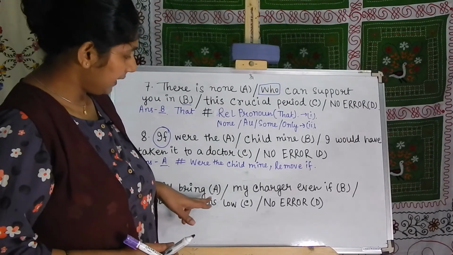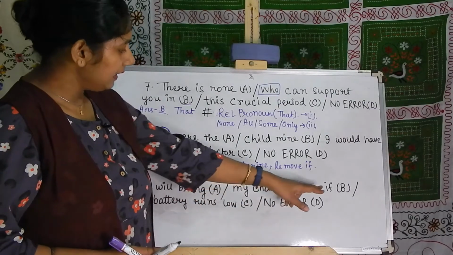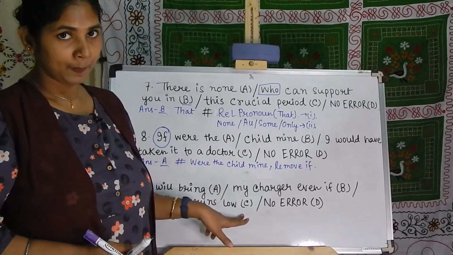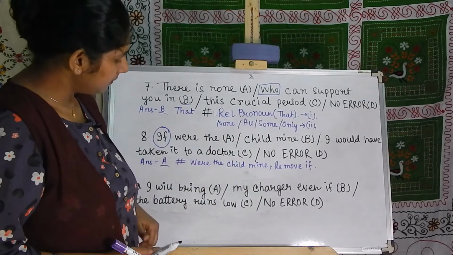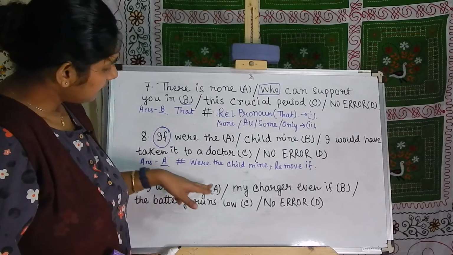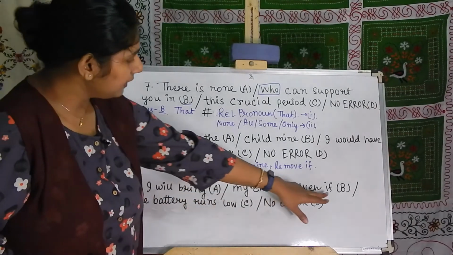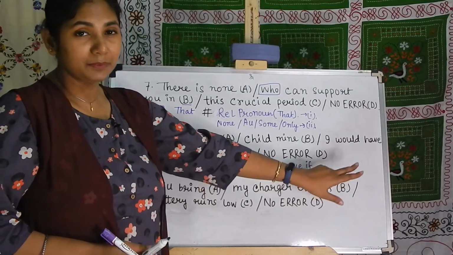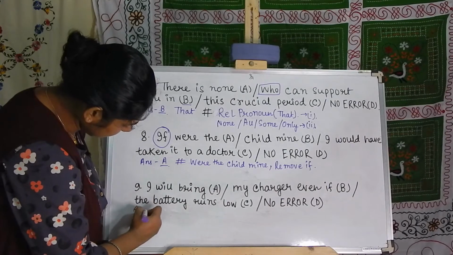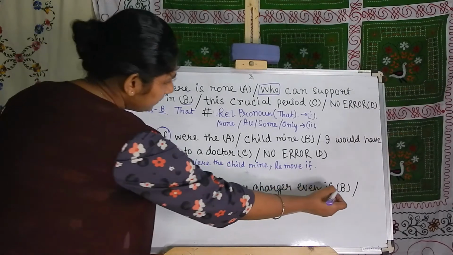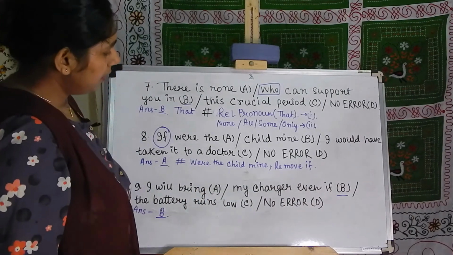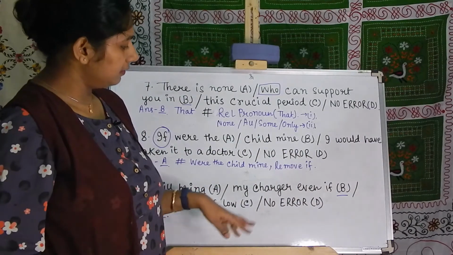I will bring my charger even if the battery runs low. Which section is the problem, do you think? I will bring my charger even if. Section number B is the problematic part. Which one is to be replaced here? Even if.